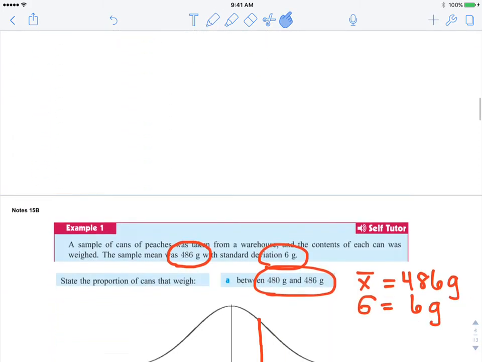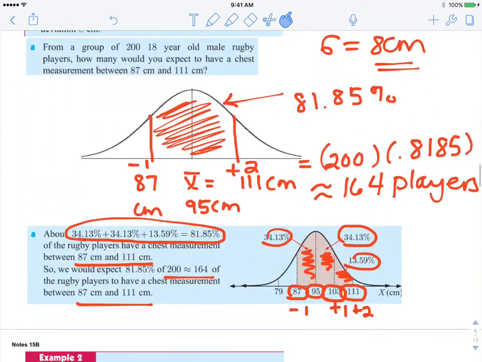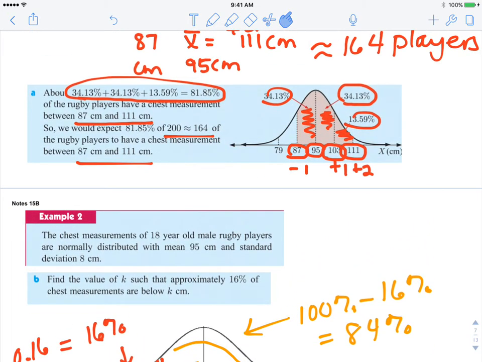So in our chart, right here, if I erase it, remember this was the mean. This is 1 standard deviation. Sorry, this should be minus.